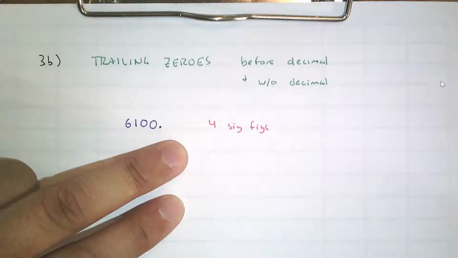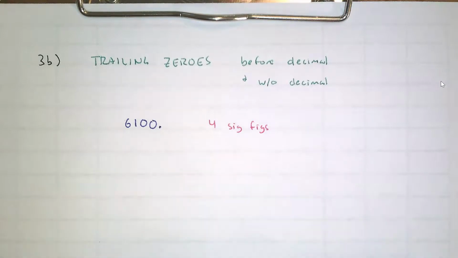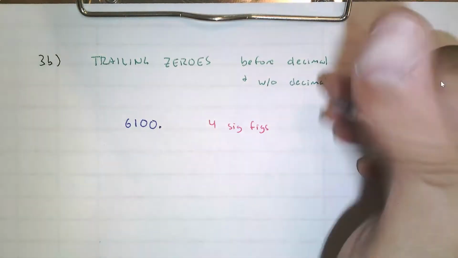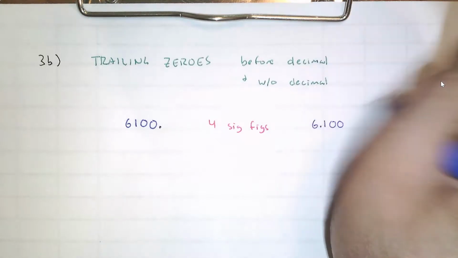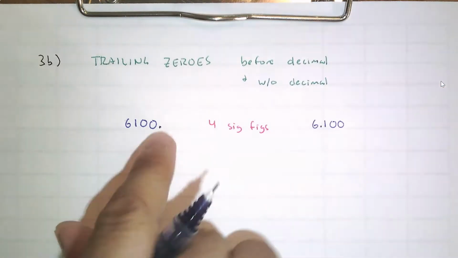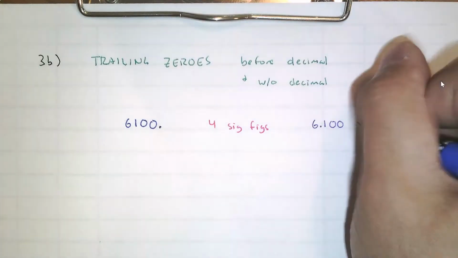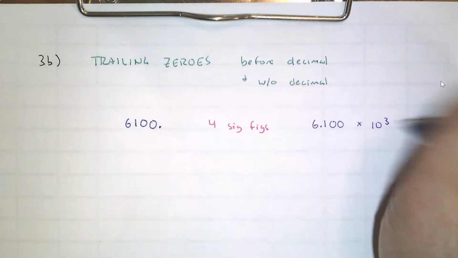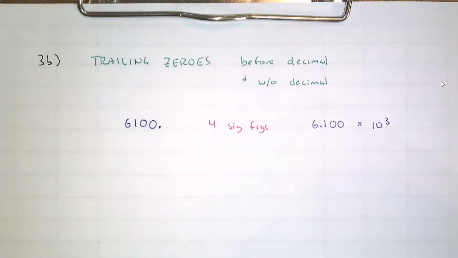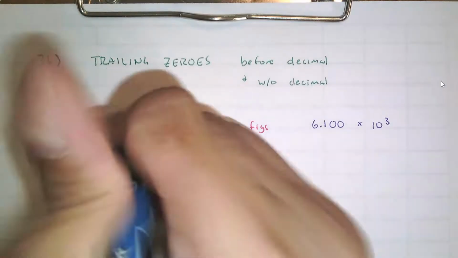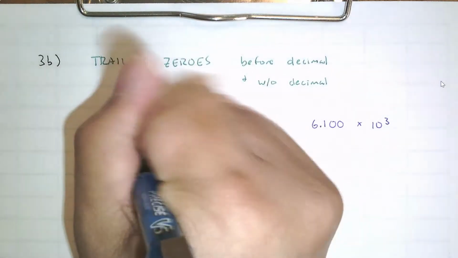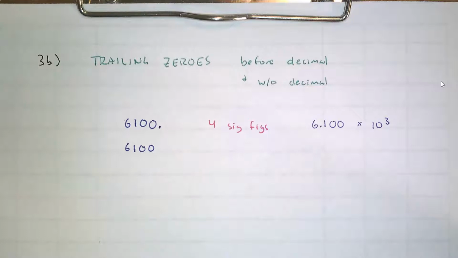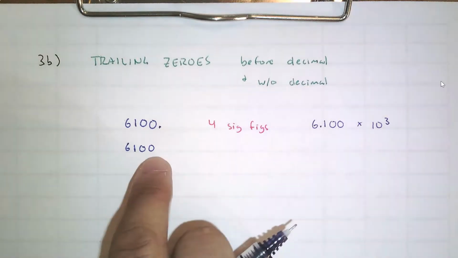And let's do our trick with scientific notation. Since that's 4 sig figs, our scientific notation has to indicate that we are certain about those 2 zeros. Now that's if there's a decimal, times 10 to the 3. Okay. But if there's no decimal, and you'll see this sometimes, we are not certain about this.